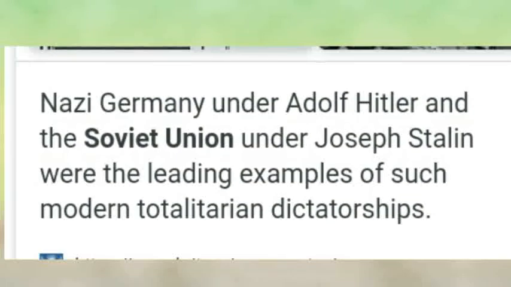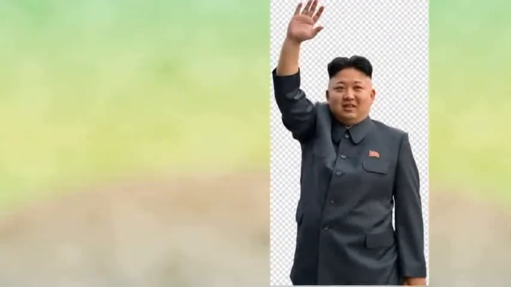If we will talk कि this dictatorship कहाँ से आया है, then we can say कि Nazi Germany under Adolf Hitler and the Soviet Union under Joseph Stalin were the leading example of such type of modern dictatorship. Maybe recently you had heard the name Kim Jong.